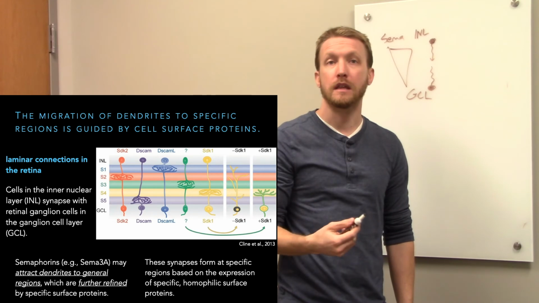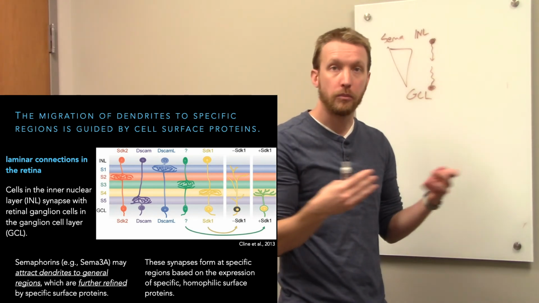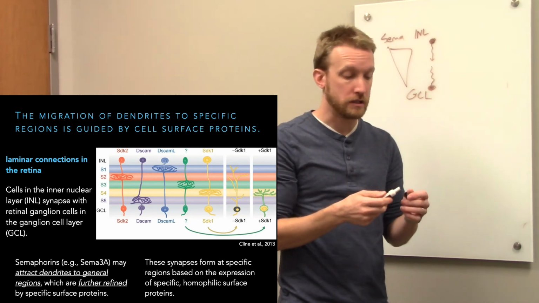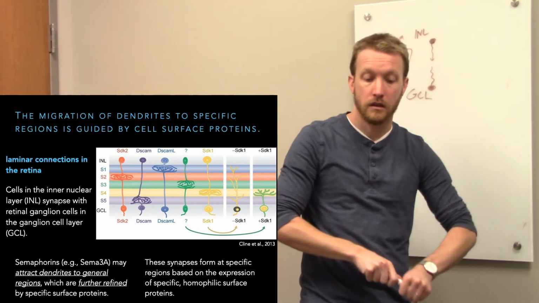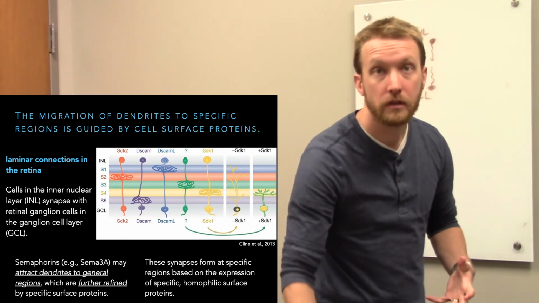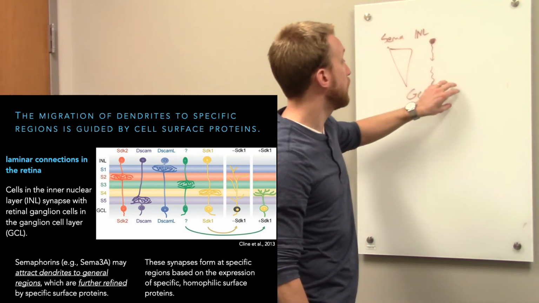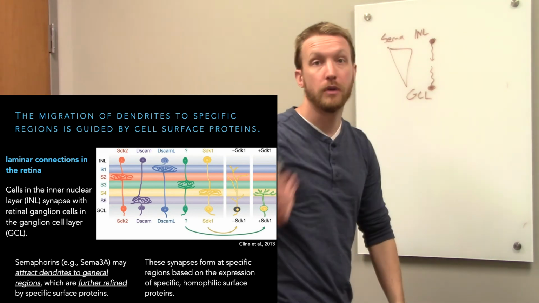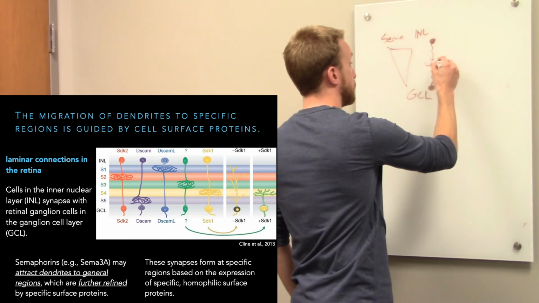Here it looks like homotypic interactions between axon and dendrite allow partners to find one another. There are those SDK surface proteins, there's the DSCAMs. Homotypic interactions allow the pre- and postsynaptic neurons to stick to each other. So for example, if they both express DSCAM, they're going to stick and they're going to form synapses.